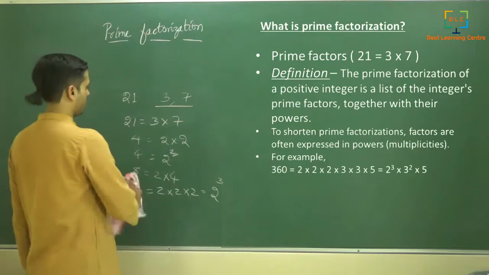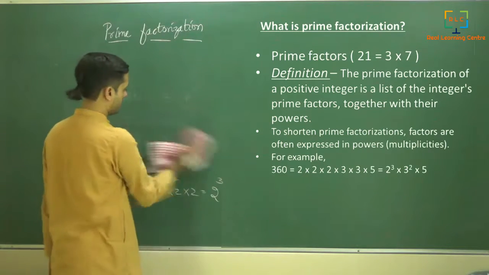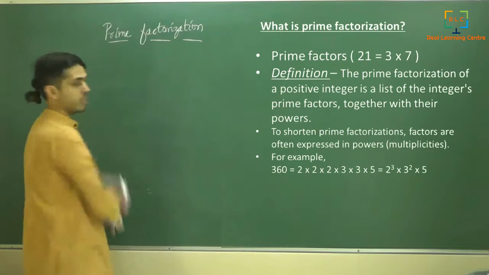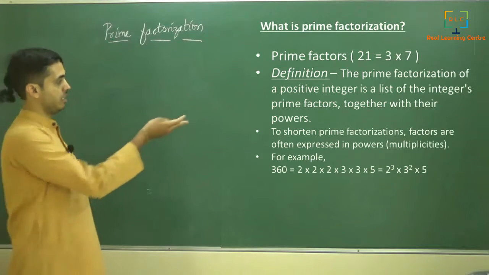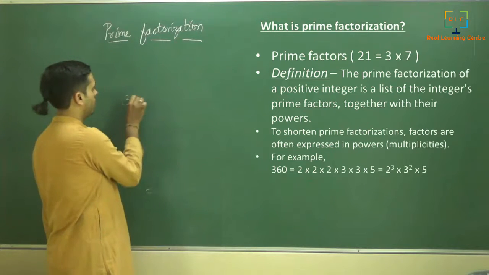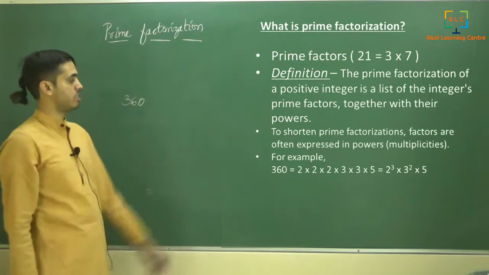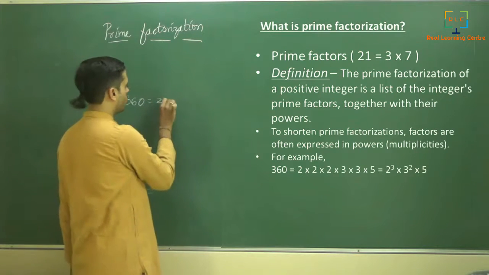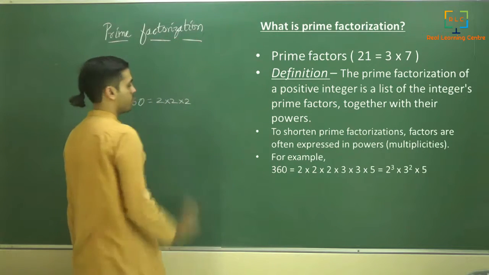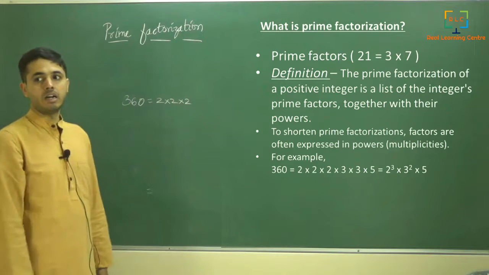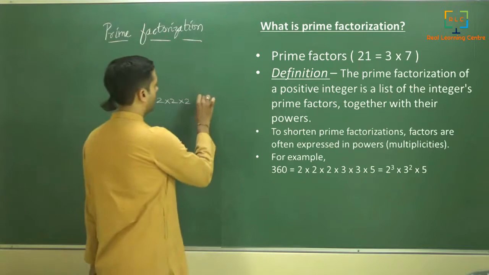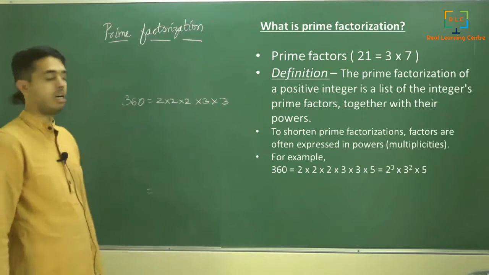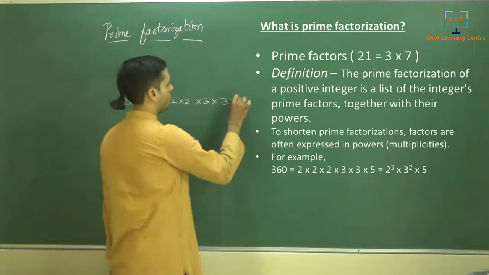Now we take a bigger number as an example. Here the number given is 360. Now how is 360 split? It is initially split as 2 into 2 into 2, that is 2 cube, into 3 into 3, into 5.